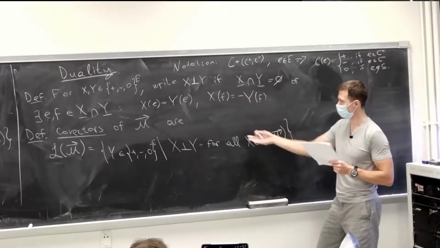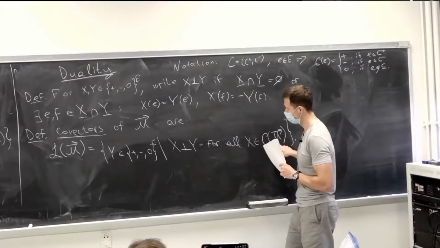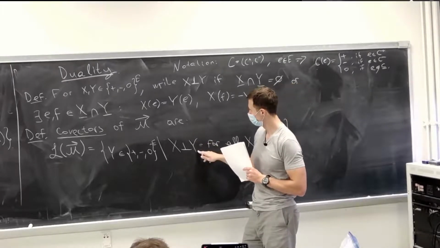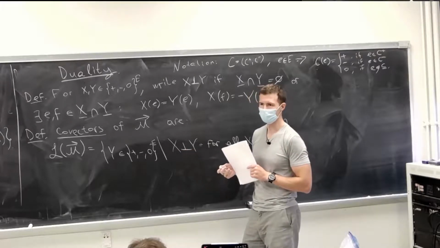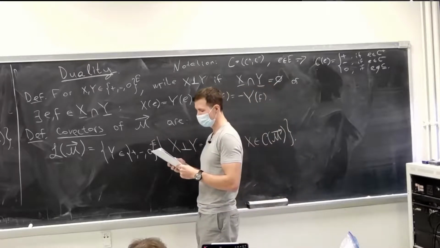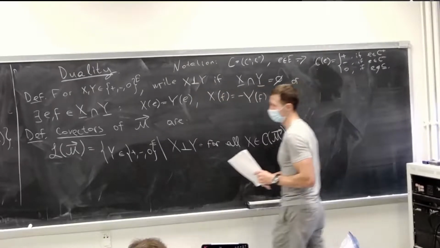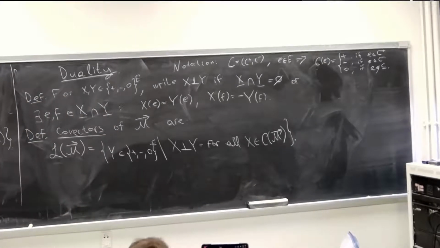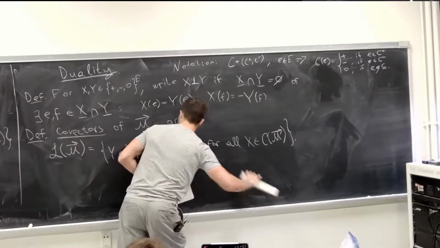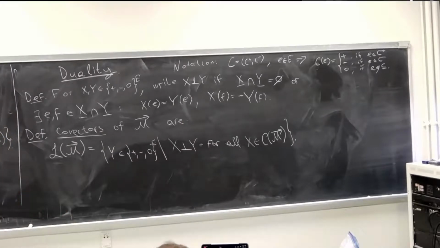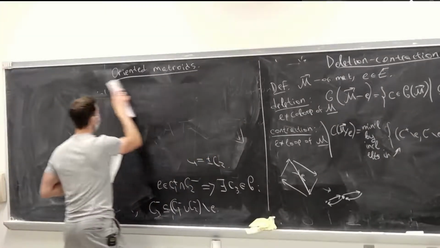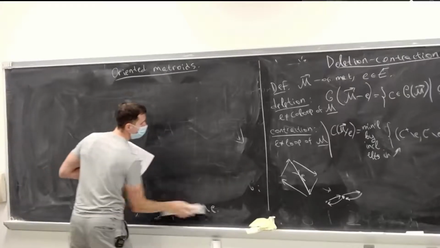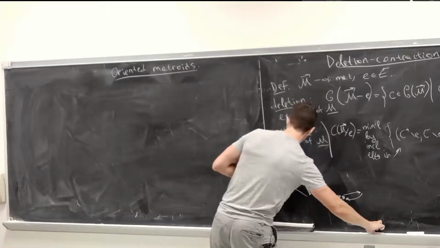So certainly you can do that, right? You can take all circuits, and then you can go through all possible sign vectors and only keep the ones which are orthogonal to every circuit. But what does this mean? Let's say my matroid comes from a vector configuration. Try that.